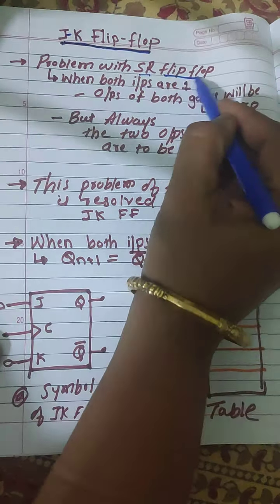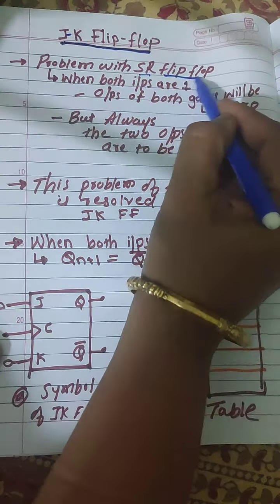With J equal to 0 and K equal to 1, the final output value Q becomes 0, which means it is reset. Then when 1 and 0 is the combination, similar to the SR flip-flop, Q is going to take the value 1, which means the flip-flop is set. We call this state set.